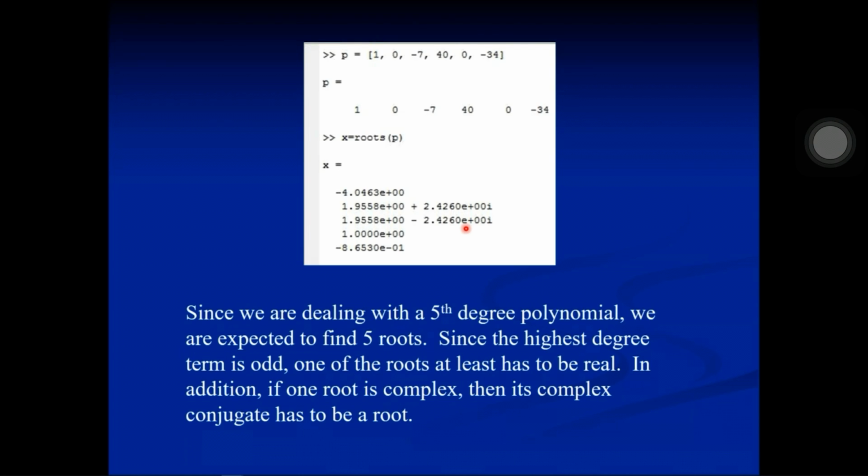So I'll ask you this question. What's the maximum number of complex roots? I'm not talking about this fifth degree polynomial, but any fifth degree polynomial. What is the maximum number of complex roots it can have?